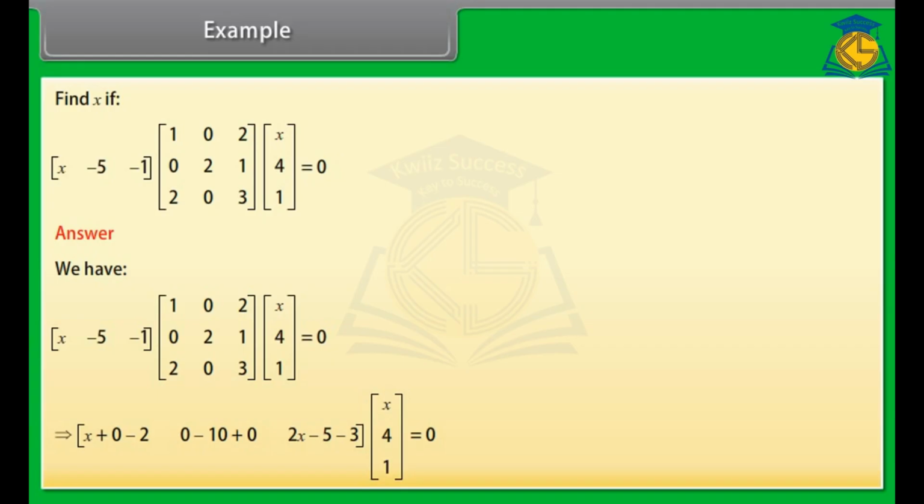It implies that matrix [x + 0 - 2, 0 - 10 + 0, 2x - 5 - 3] multiplied by matrix [x; 4; 1] is equal to 0.